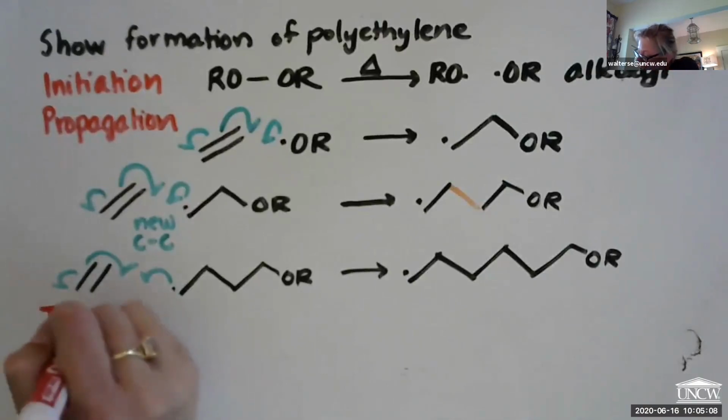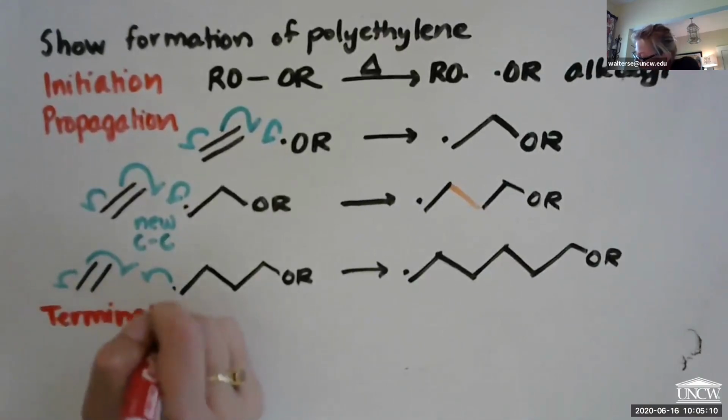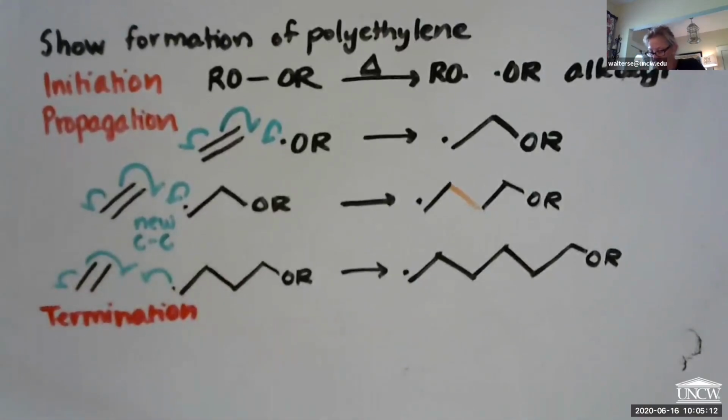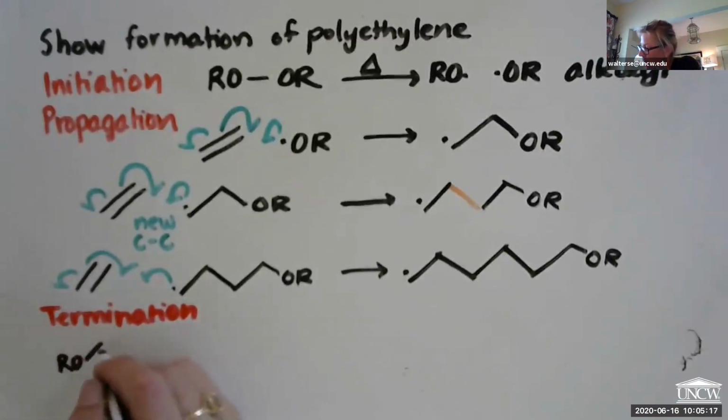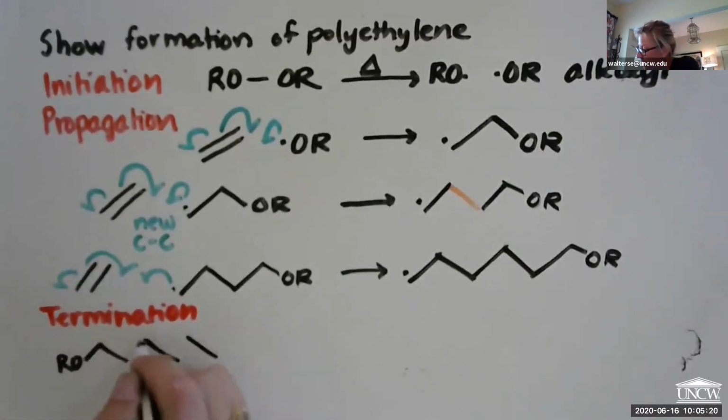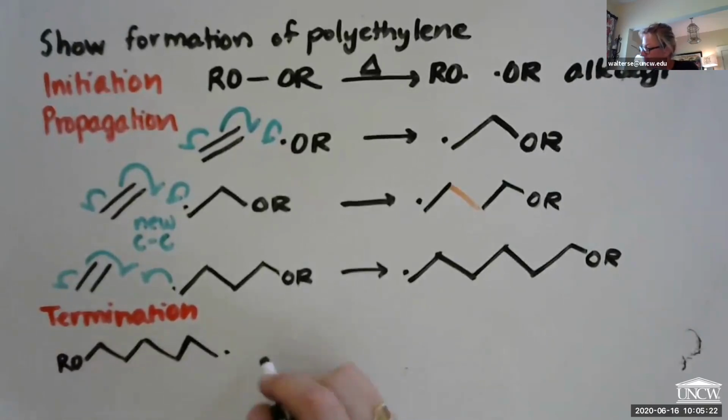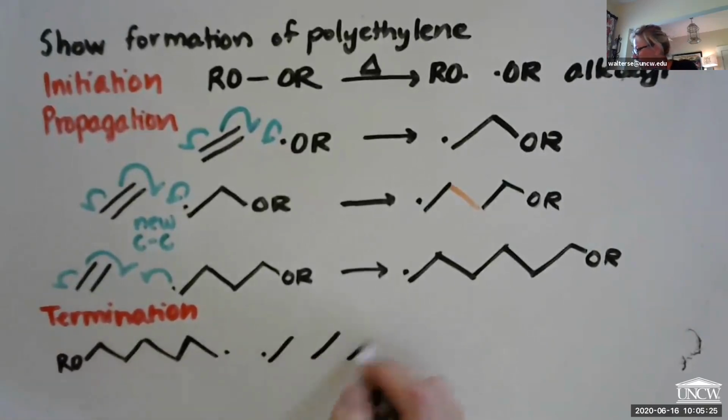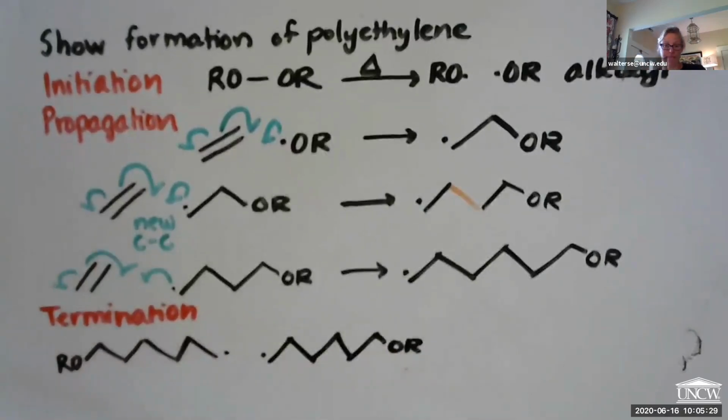Then in our termination step, what we'll show is two of these chains combining. So we have 1, 2, 3, 4, 5, 6 ethylenes being used.